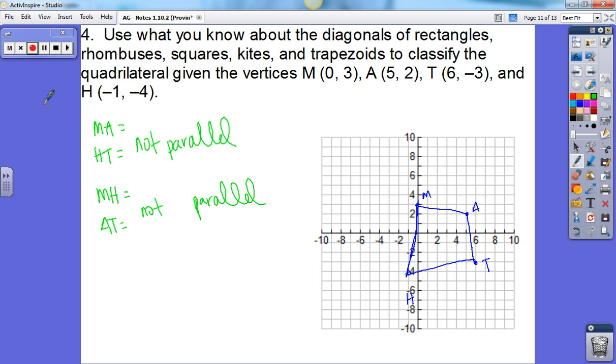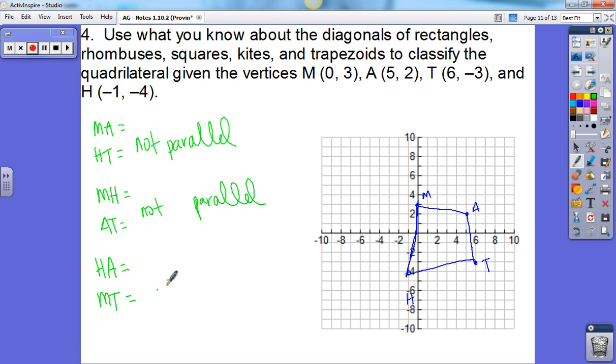Let's look at the diagonals and check on their perpendicularity. Alright, so we're looking at the diagonals. So I've got HA and MT, and we're just checking to see if they are perpendicular. So MT would be negative 1, 2, 3, 4, 5, 6 over 1, 2, 3, 4, 5, 6.